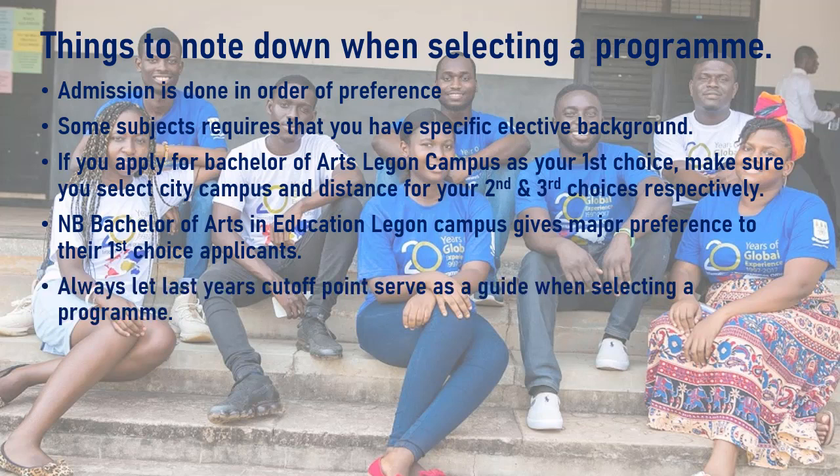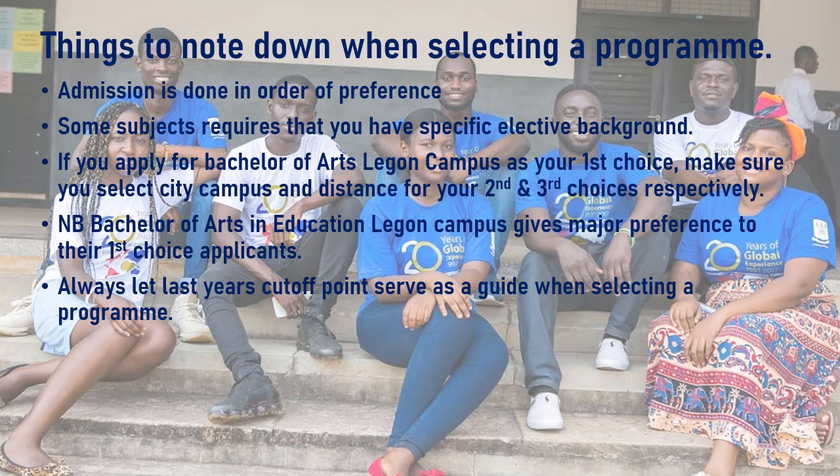Always let last year's cutoff point serve as a guide when selecting. For instance, the cutoff point for Bachelor of Science in Administration Legon campus last year was aggregate 7 for males and 8 for females. So assuming I have aggregate 11, this means I don't qualify for Bachelor of Science in Administration, so I don't select it at all.